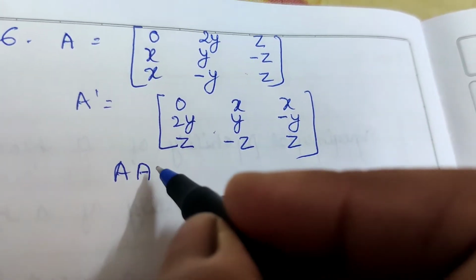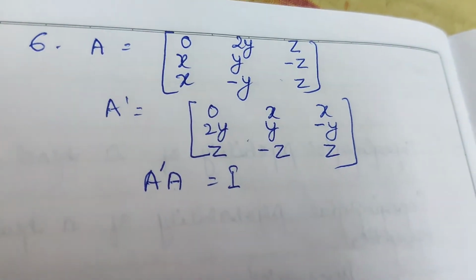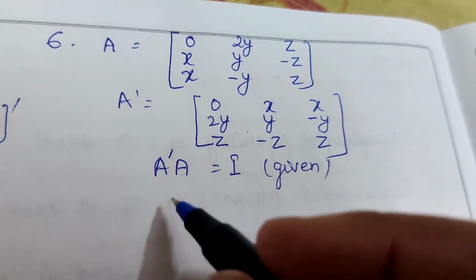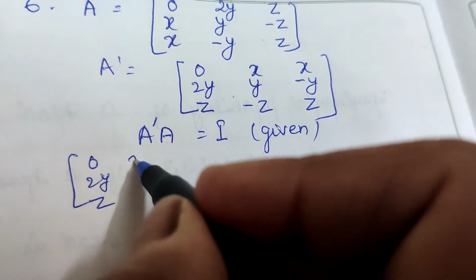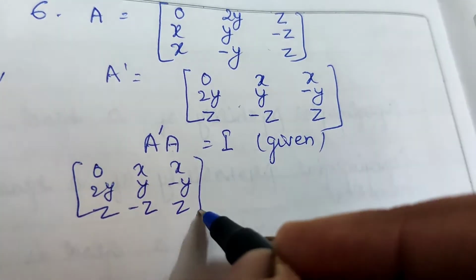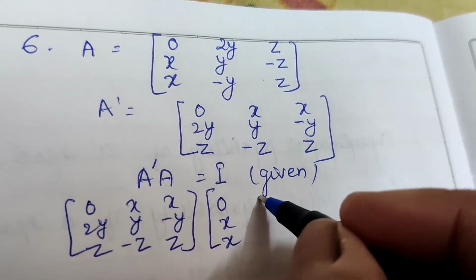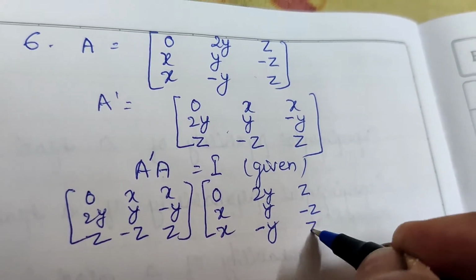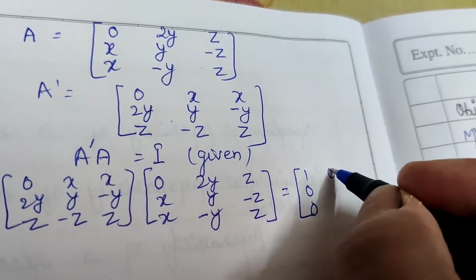Now A dash, transpose of A into A equal to I given. It means now multiply 0 to yz, xy minus z, x minus yz multiplied to 0xx to y minus y, z minus z equal to I, means identity matrix of order 3.